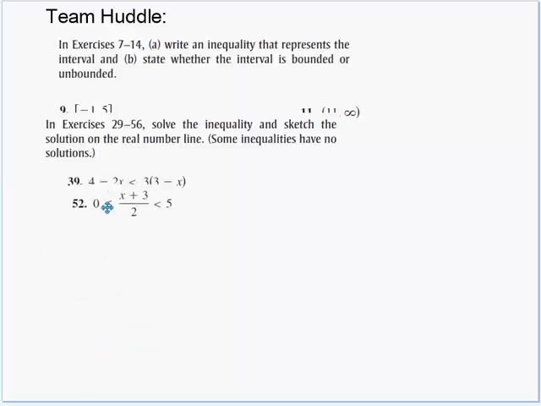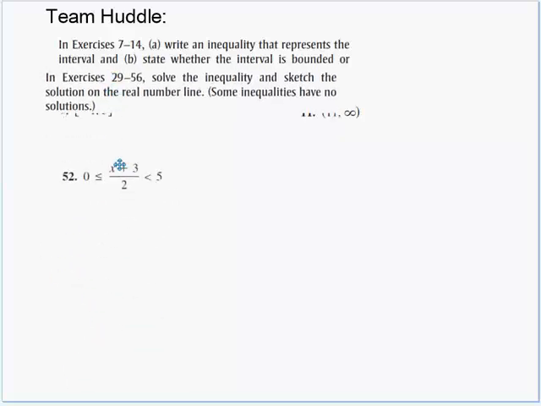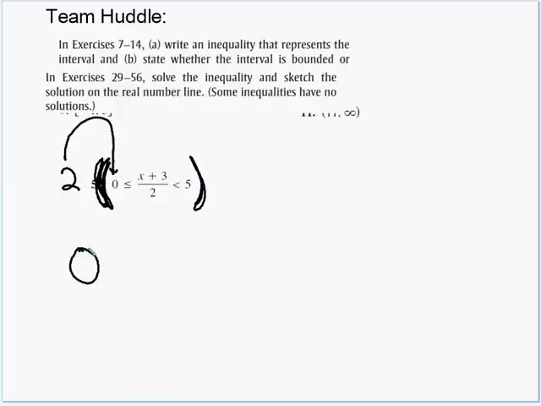Okay, and 52 looks like a lot of fun. I did give you a little advice. Clear the fraction. I see here that we have a divide by 2 there, a denominator. So if I think to multiply all the way through by a 2, I'm going to get rid of that. So if I multiply the 2 times the 0, I'm still going to have 0 on the left with a less than or equal to.